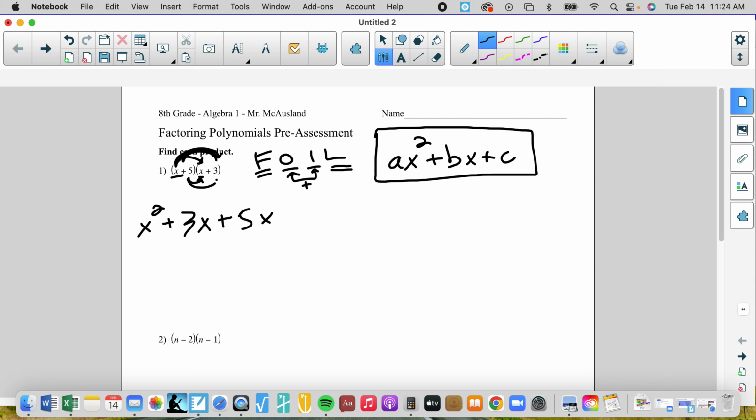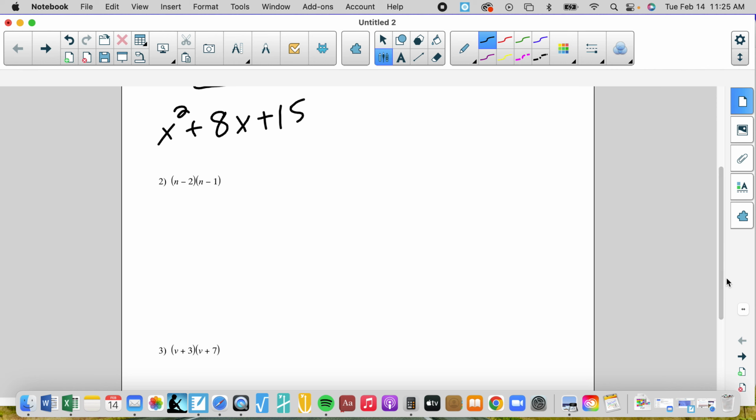And your lasts, the last of each of the binomials, give you 15. You can add your outside and inside, and your final answer is x squared plus 8x plus 15. And that's what we're going to do with each of these binomials.